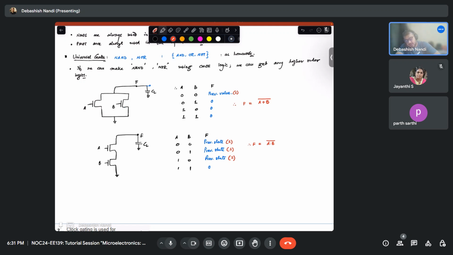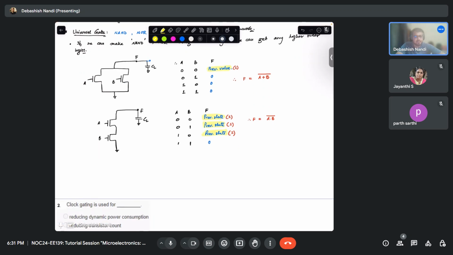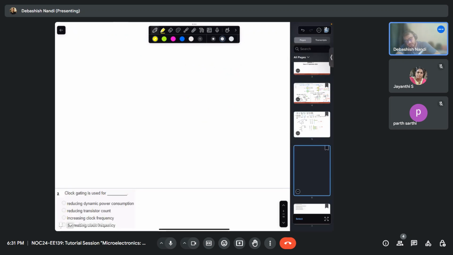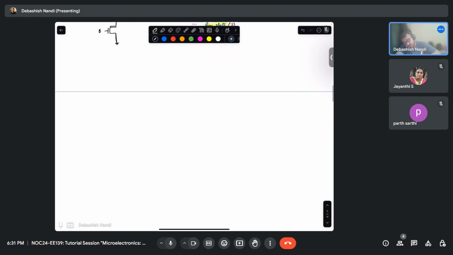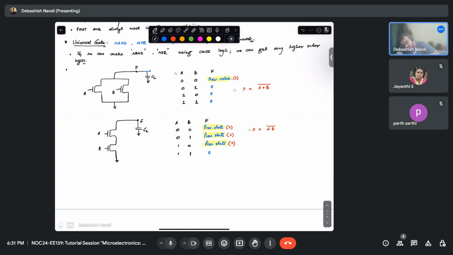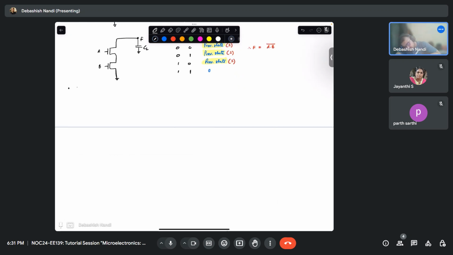So now still we have an ambiguity about these previous states. We are not sure that the previous state will be 1. Okay. So let us see how my pull up network behaves. So again, we have been discussing PDN topologies. Now if you see your PUN topologies, so PUN is made of PMOS.